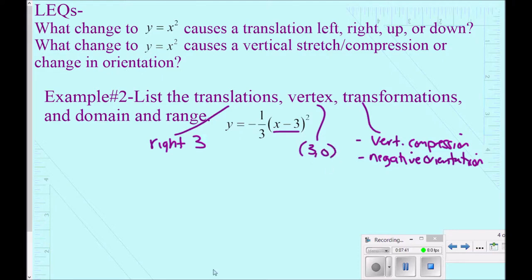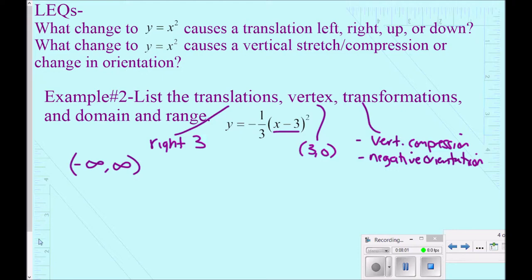Domain. Okay, so we already realized the domain for the last parabola, and if you look at any parabola, whether it's right side up or has a negative orientation, upside down, all parabolas have the same domain, and that is negative infinity to positive infinity. Range, the range will change though.